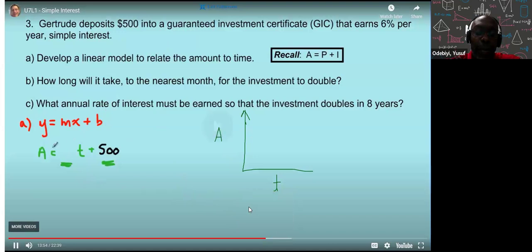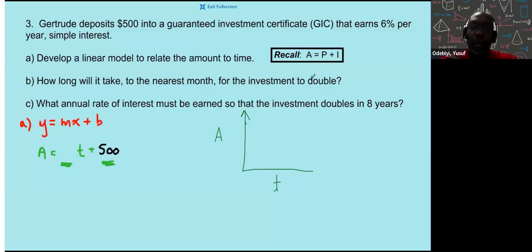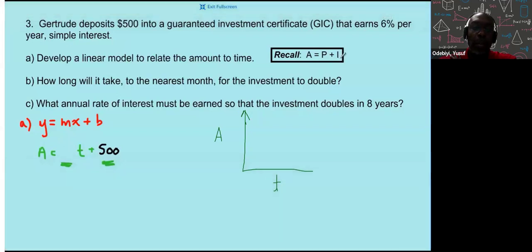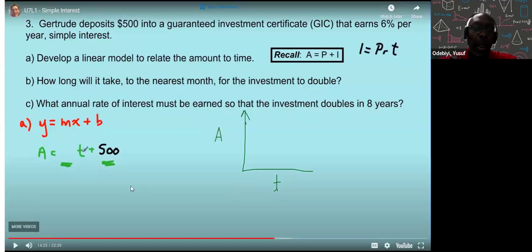If we relate this formula to our actual amount formula, A equals P plus I, this 500 is our P value, our principal. So the other portion here, the mx, has to be accounted for in the I. And remember, I equals P times R times T. So your I is actually your slope, and that's what you're trying to calculate now.